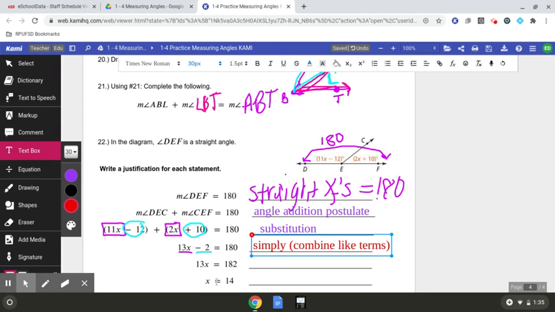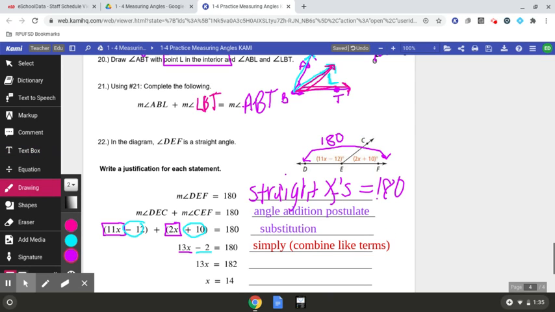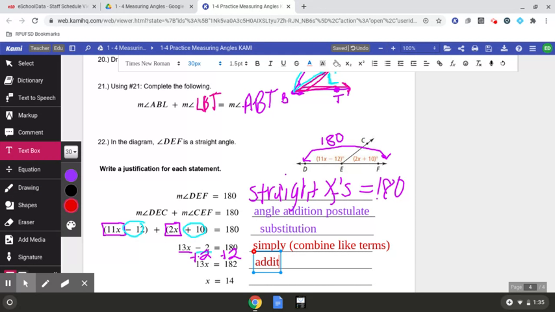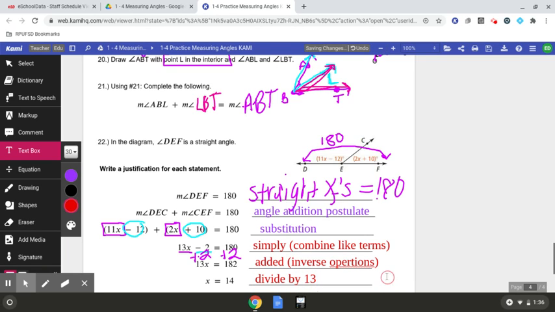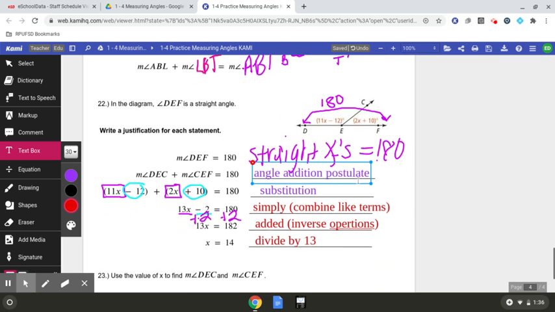And then the next step was that they added 2, right? That's what they did here to get the 182. So they added, which is the inverse operation. So they're just going to try to now solve. And then the last thing they did was they divided. So they divide by 13. So instead of actually doing the work, you just had to basically fill that in.